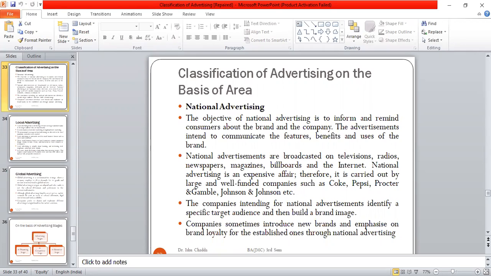Companies sometimes introduce new brands and emphasize brand loyalty through national advertising. Because they are already popular with some target audience, whenever they introduce a new product, they insist that consumers show brand loyalty also.